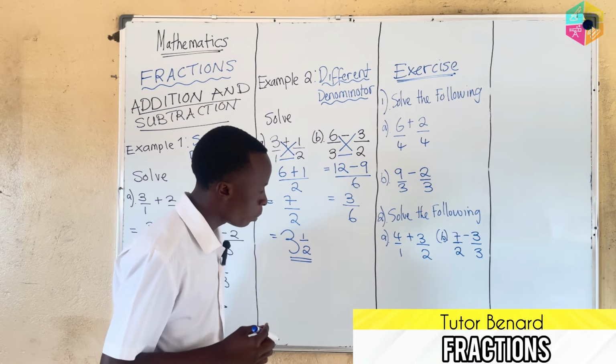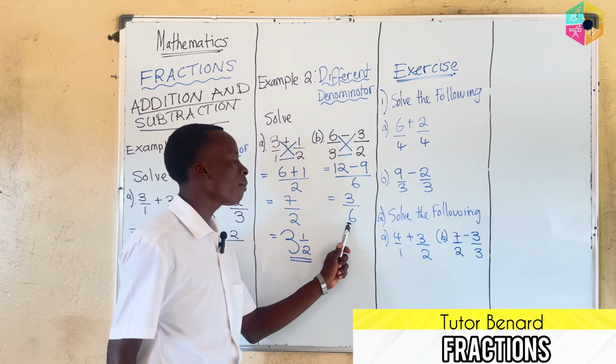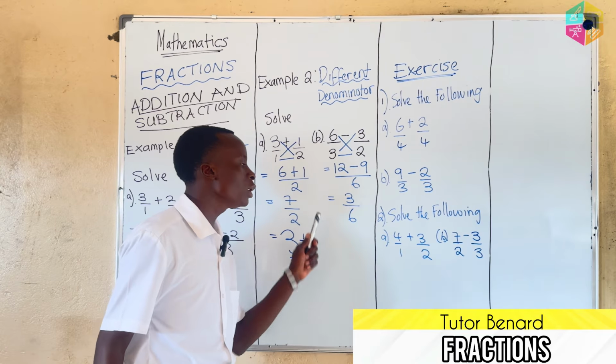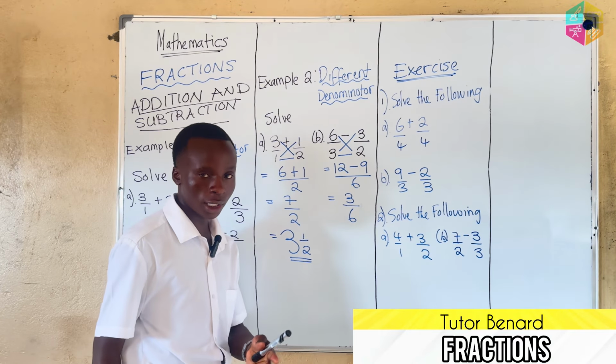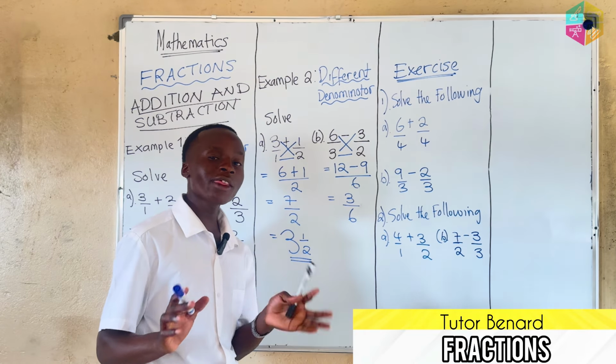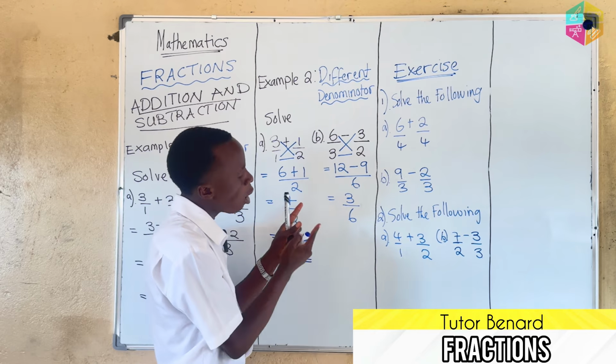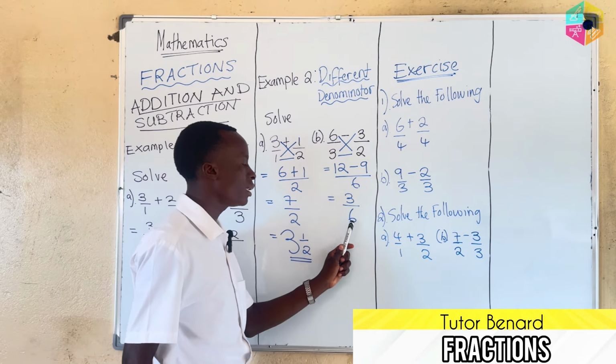When you reach this point, since the smaller number is on top and the bigger number is at the bottom, this is what we call a proper fraction. In other cases, this would be our final answer. But when you look at our question here, this is 3, that is 6.